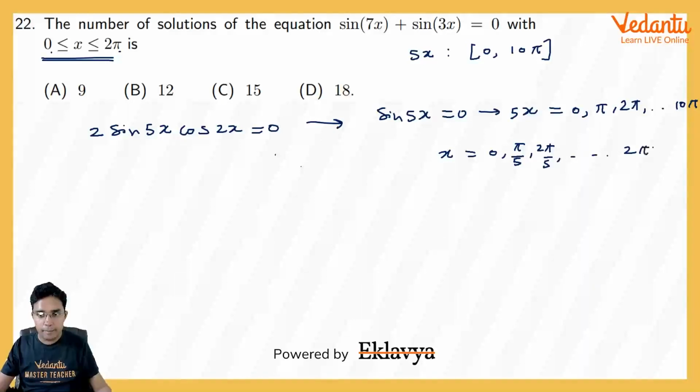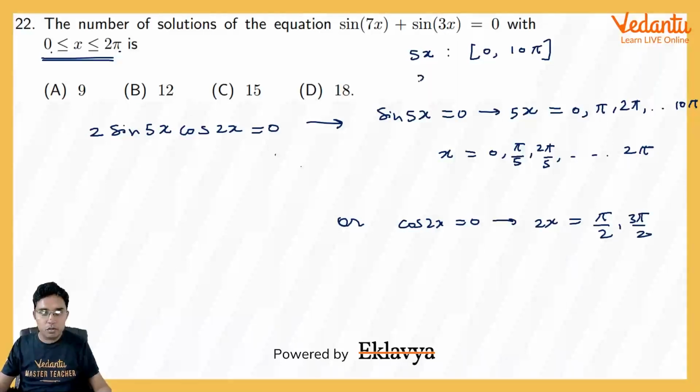Or there is a possibility that cos 2x becomes equal to 0, which is true when 2x is equal to pi by 2, 3 pi by 2, and because 2x will be from 0 to 4 pi, the values here can be 5 pi by 2 and 7 pi by 2 also.